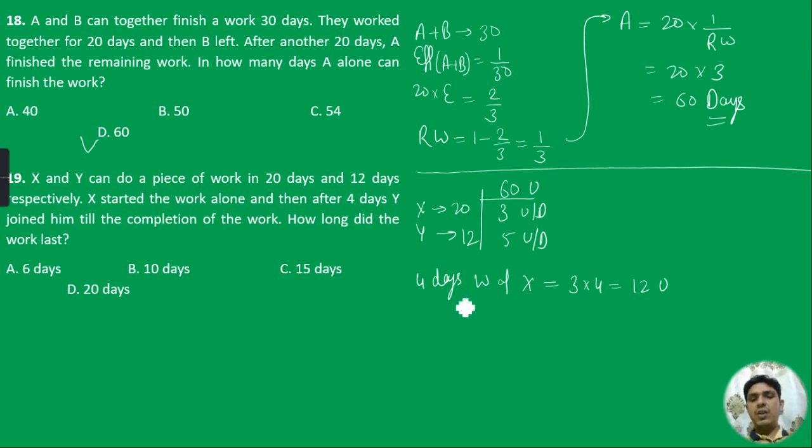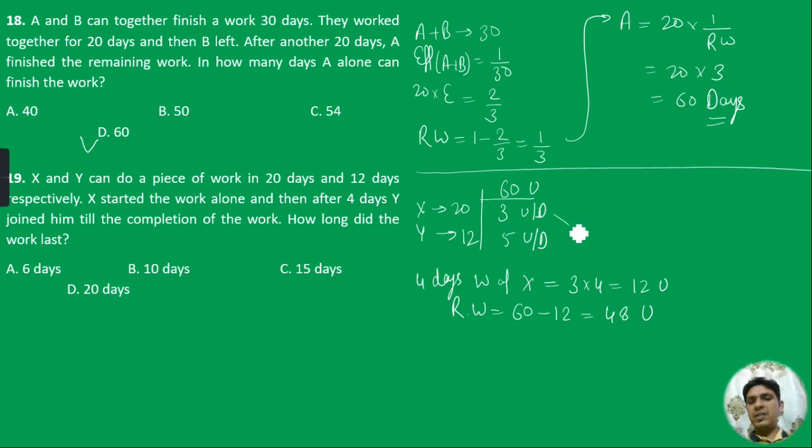12 units, right? What will be the remaining work? Remaining work will be 60 minus 12, that is 48 units. Now this 48 work is done by X and Y together.